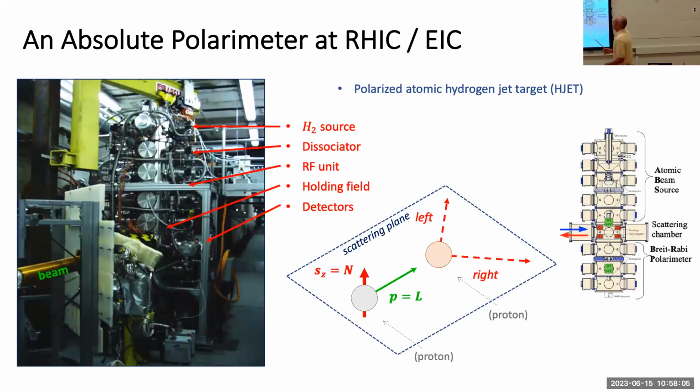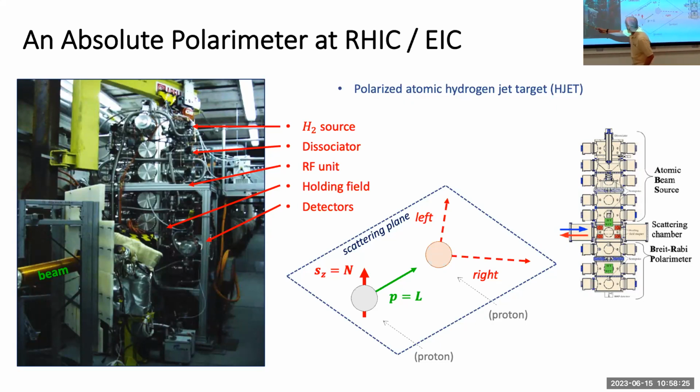So then at RHIC, it essentially looks the same as what I showed at COSY for this experiment. So our absolute polarimeter is essentially the same setup as that previous experiment. I don't know if you can see this very well. So the beam pipe goes in this direction.